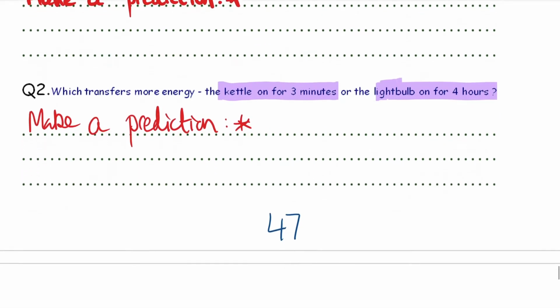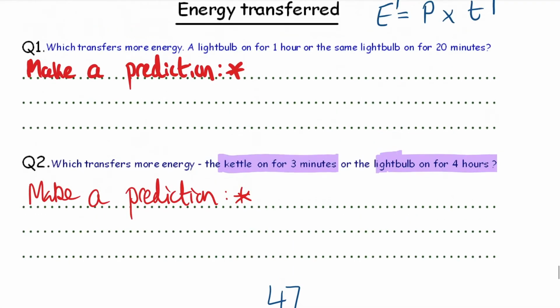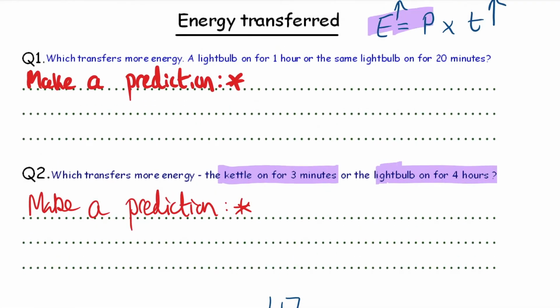I'll let you make your predictions underneath. And you can think again of this equation here when you're doing that. So just pause the video now and answer questions 1 and 2.